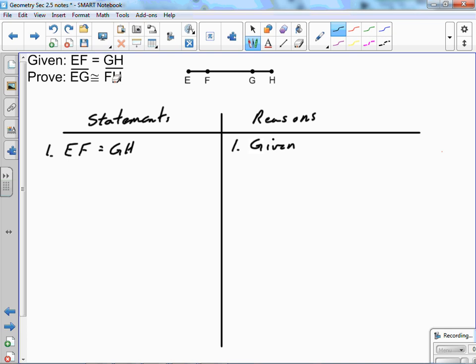So we're going to bring in FG by saying that FG equals FG. The length of FG is equal to the length of FG. Anytime we say something is equal to itself or congruent to itself, that is the reflexive property. And we're using an equal sign here, so we say the reflexive property of equality.